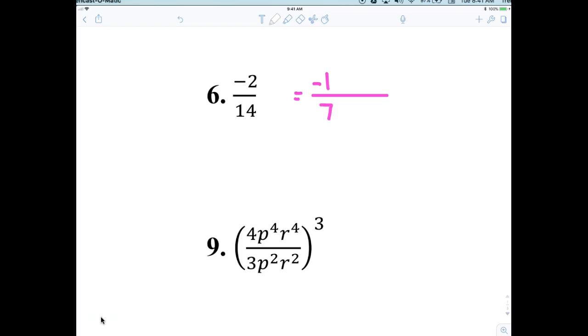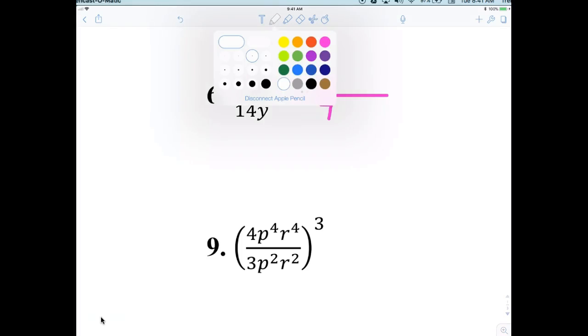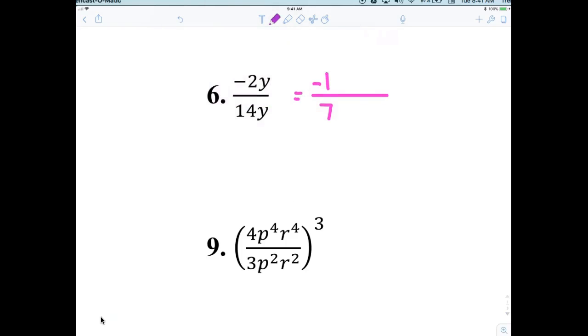That's the fraction, -2/14. So the rules still apply to numbers. Does everybody see that? So that reduced to -1/7. Correct? All right. Now we have the y's cancel. So that is the answer actually. -1/7. Very good.